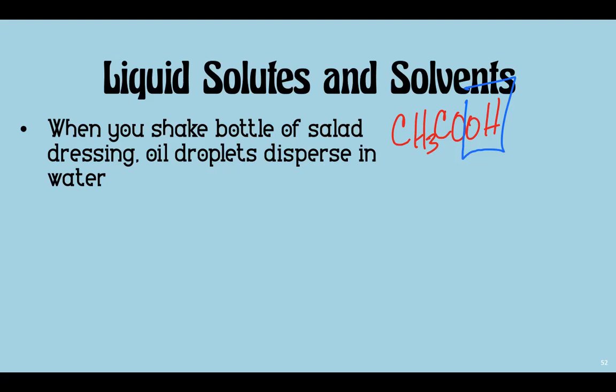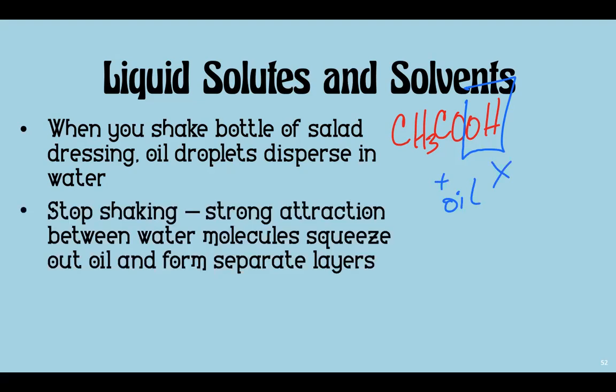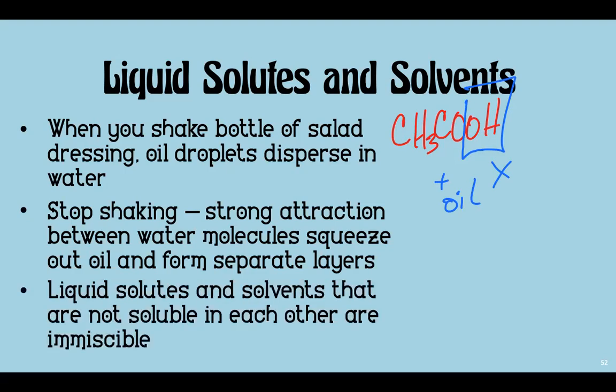And then when you add oil, they don't mix, because of the OH in the carboxyl group. If you stop shaking your Italian dressing, the strong attraction between the water molecules is going to squeeze out the oil and form separate layers.